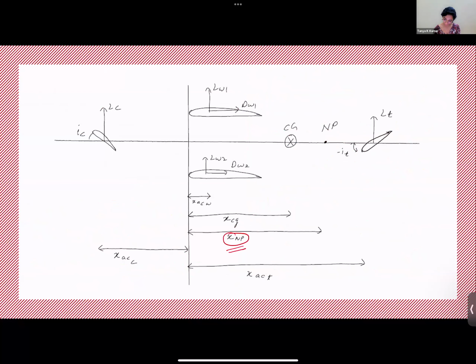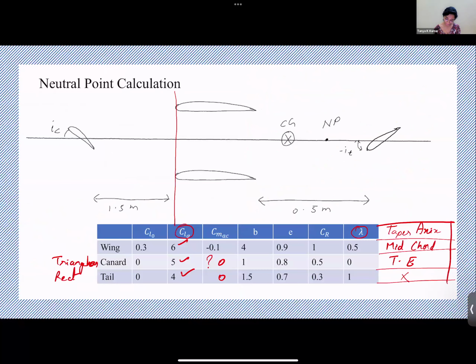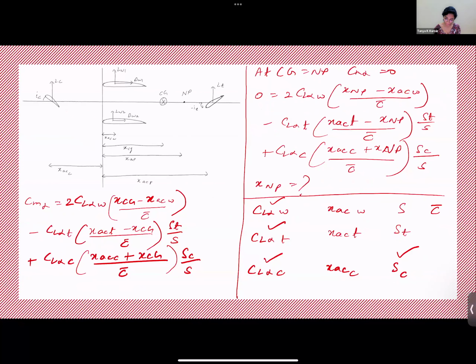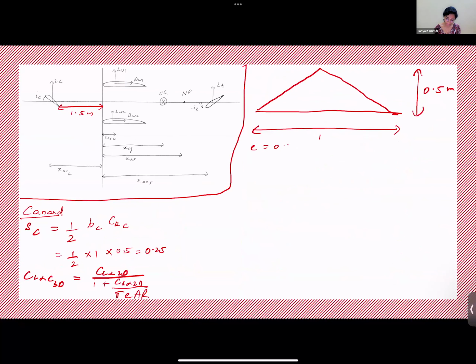Is the aspect ratio given in the question? No, E is given. E is 0.8. How do we find out aspect ratio? Aspect ratio is B square by S. B here is 1. Are you following what I'm doing? Just stop me at any point if it's confusing.